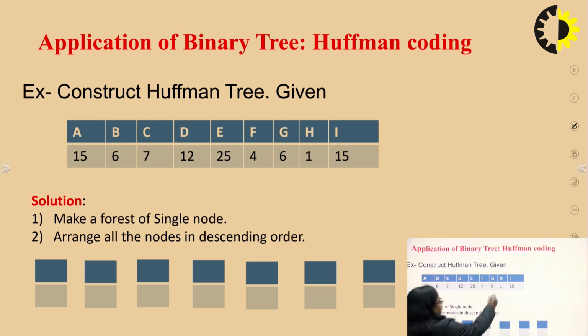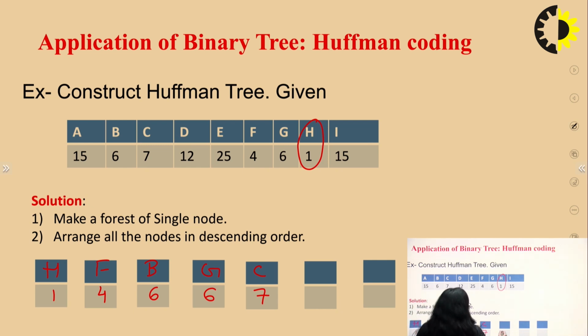H has the least value, so we write H with weight 1. Then F with weight 4. Then B 6, G 6, then C with weight 7, then 8, 9.